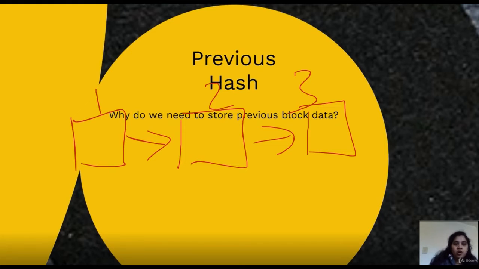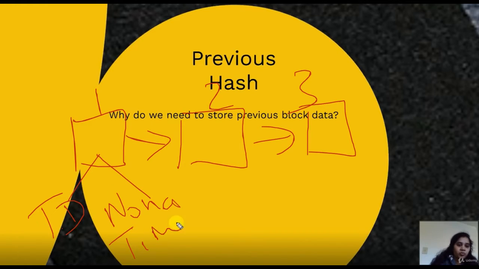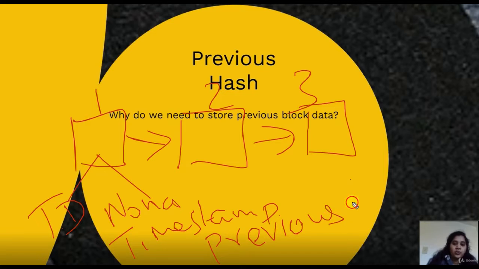Each block will contain your transaction data, your nonce, your timestamp, and your previous hash. These are the things that are stored in each block.